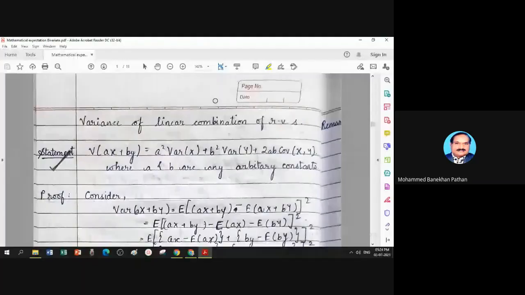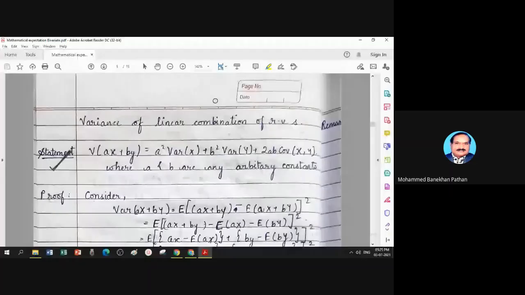Theorem number 2 says expectation of product is equal to product of expectations, but it is true under the condition that variables should be independent, whereas number 1 is true for any type of random variables.